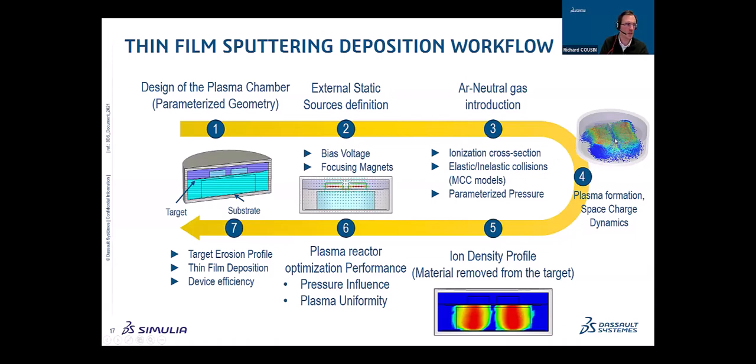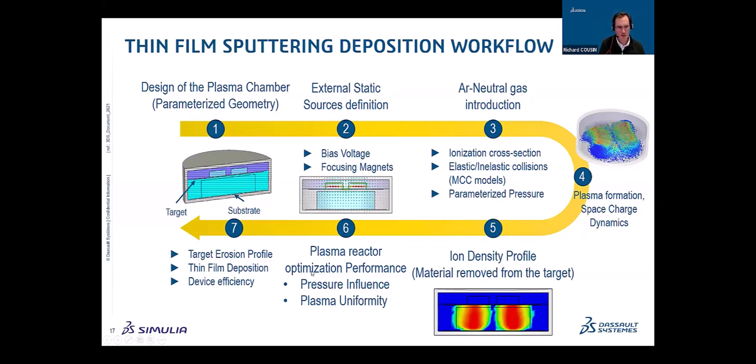Then we are computing here the simulations using the electrostatic particle in cell solver. The plasma formation and the space charge dynamics is then automatically computed. And then here you can afterwards have an idea of the ion density profile, which then can be extracted out of the simulation. And then you can have this kind of figure.